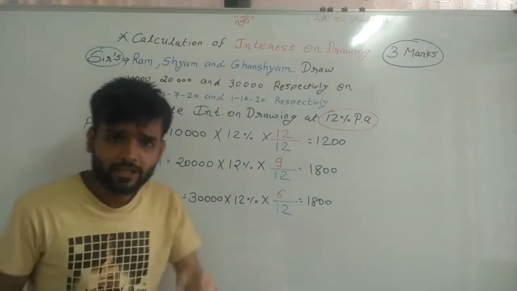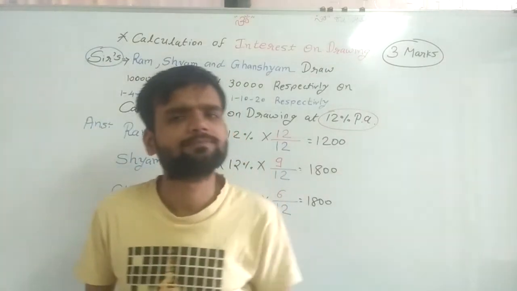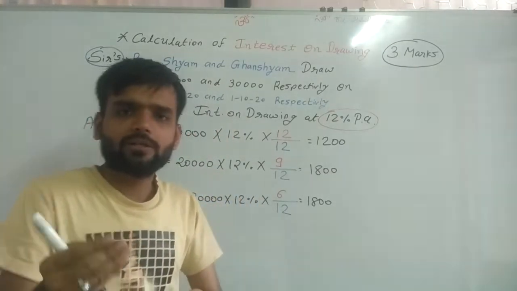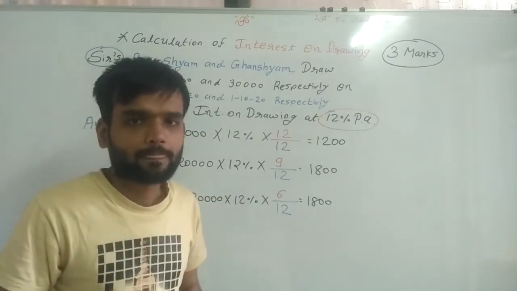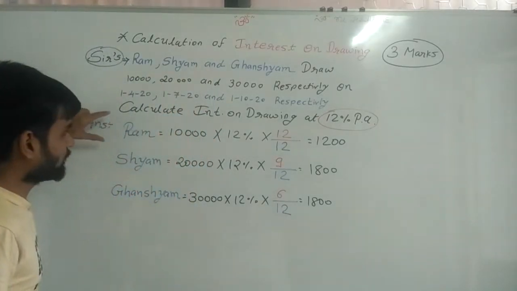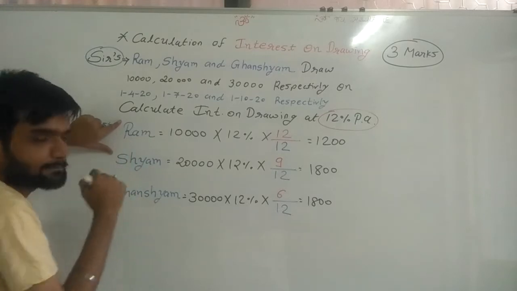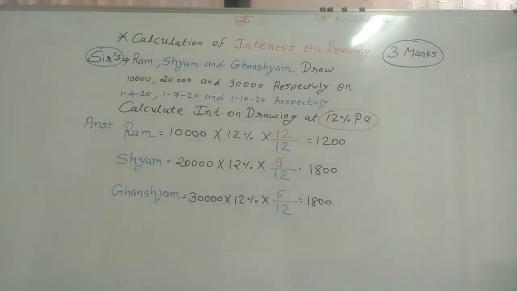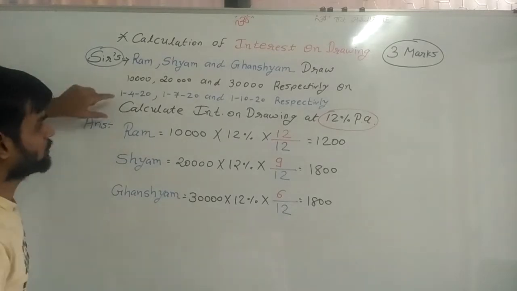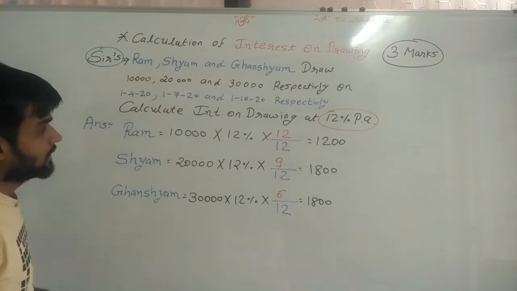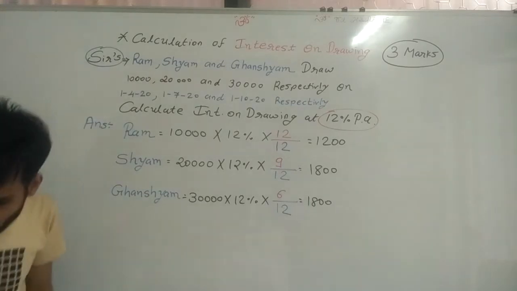Now the important thing is the dates. On the basis of dates we have to calculate interest on drawing. First of all we are seeing Ram. Ram has withdrawn 10,000 rupees and its date is given.